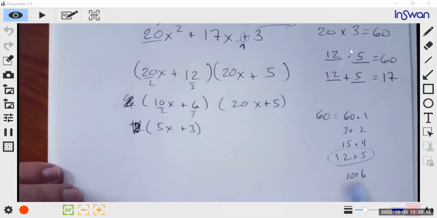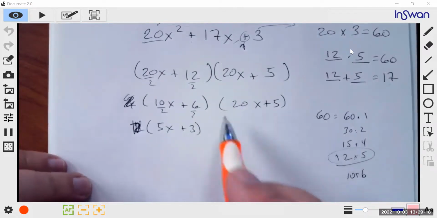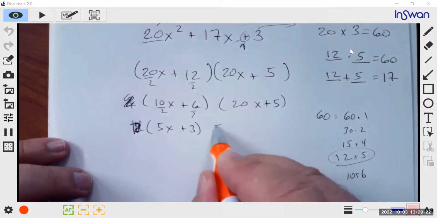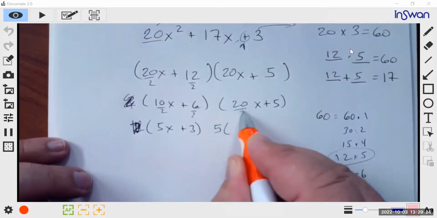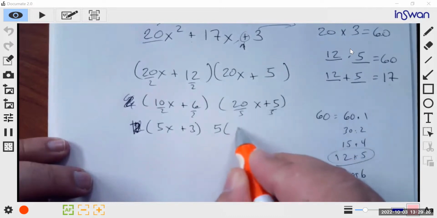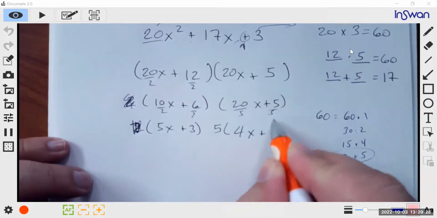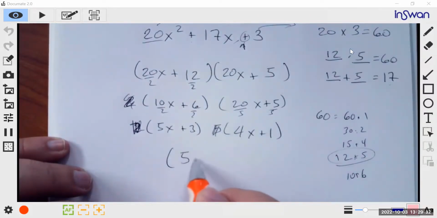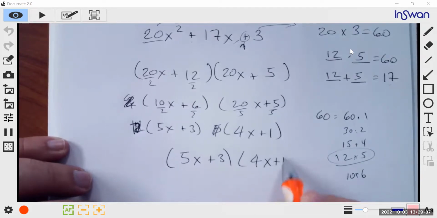Whatever you factor out, you cancel, get rid of. How about the second one? 5. 20 divided by 5 is 4. So the factored form is that.